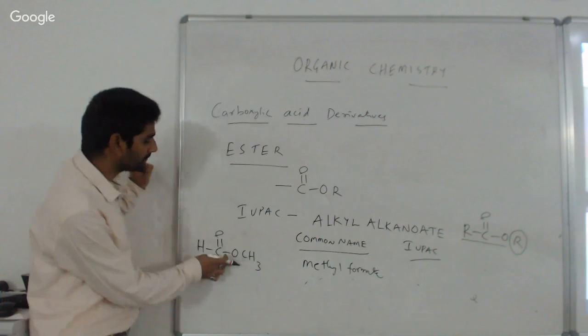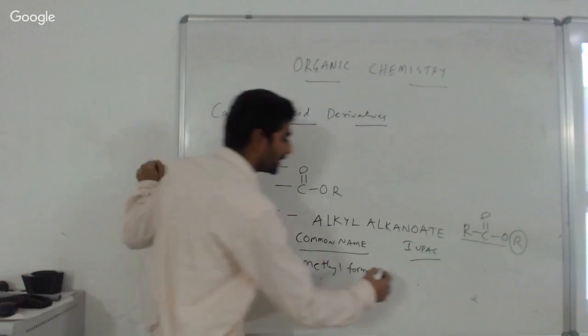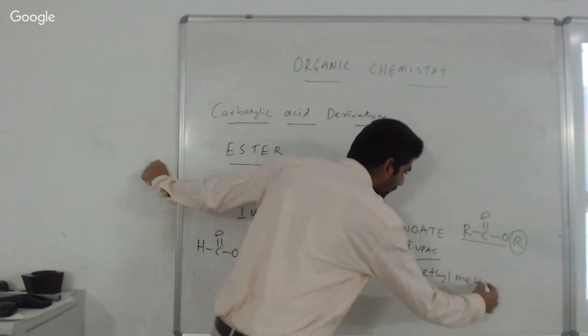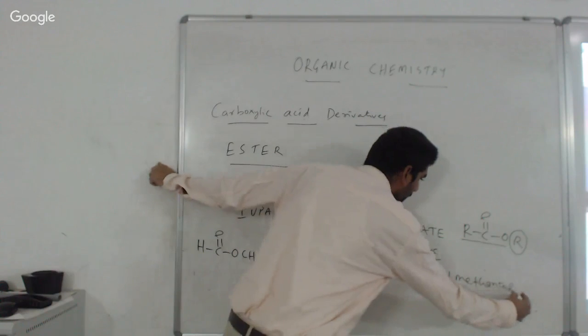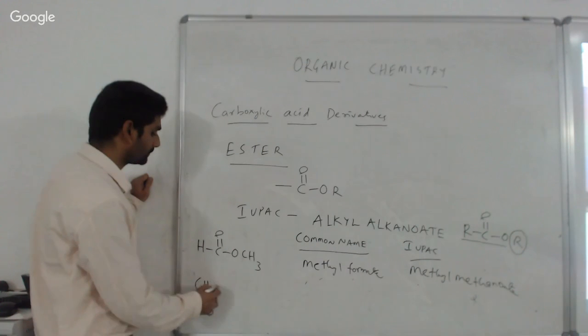So methyl here, and how many carbons are there in the acid part? One. So here we get methyl methanoate. Methyl methanoate is the IUPAC.